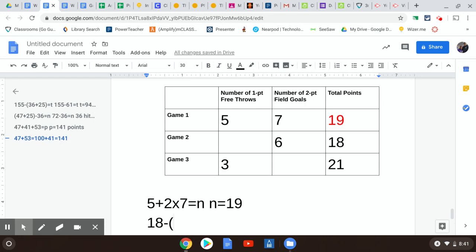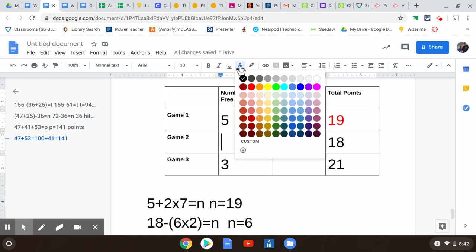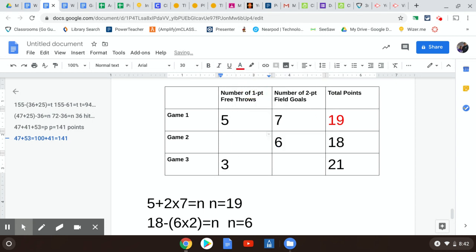So I have to take 6 times 2, and that'll equal your number. 6 times 2 is 12. When you take 18 minus 12, you will get 6. So this person scored 6 points in free throws.